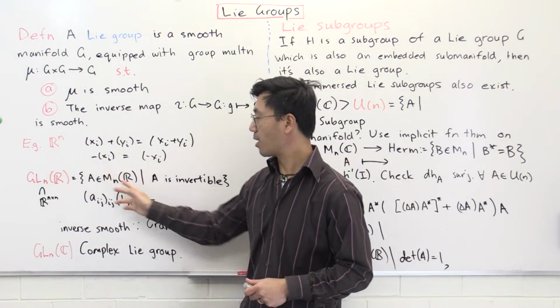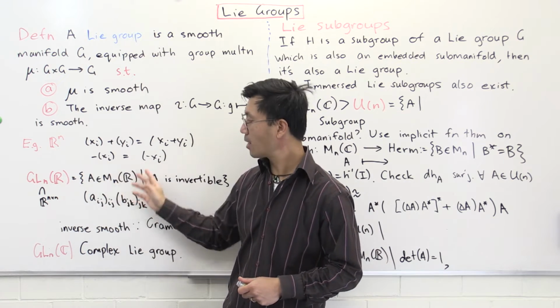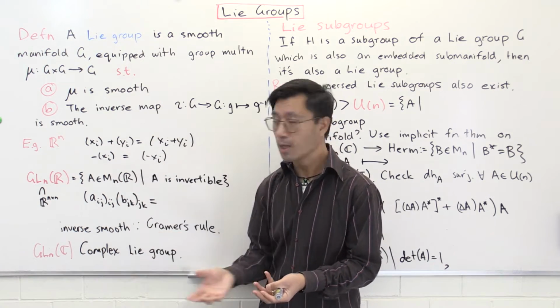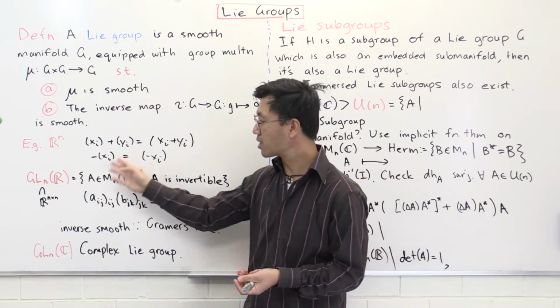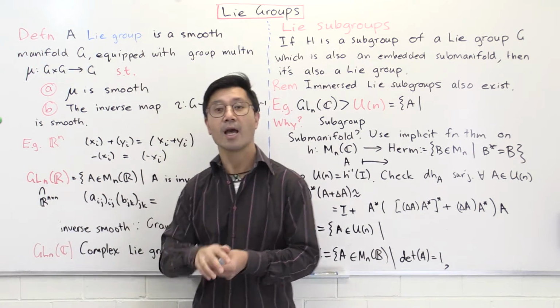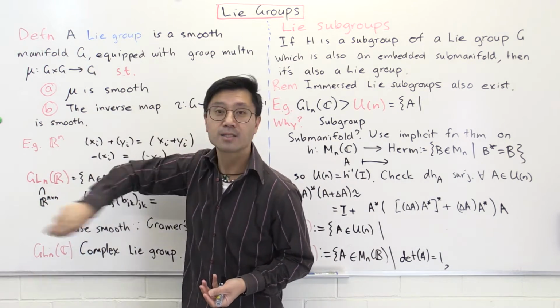Any n by n matrix is just given by an n squared array of numbers. So the space of these is naturally R^(n times n), an n squared dimensional Euclidean space, and this is just going to be some subspace of that.